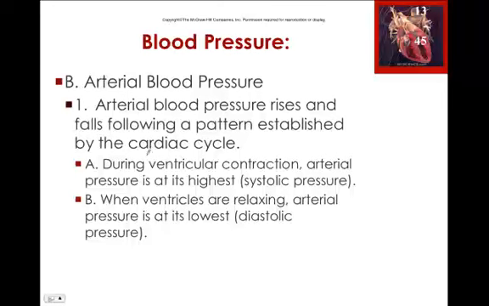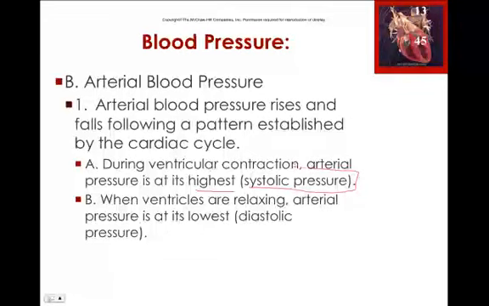Atrial contraction and then ventricular contraction, and then relaxation. During ventricular contraction, that is when our ventricles contract and are forcing blood into the arteries. That's when arterial pressure is going to be at its maximum, at its highest. This is what we call systolic pressure.